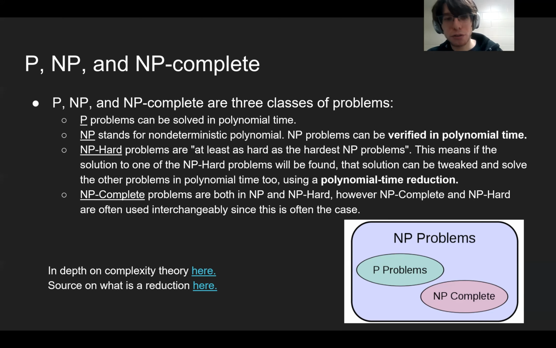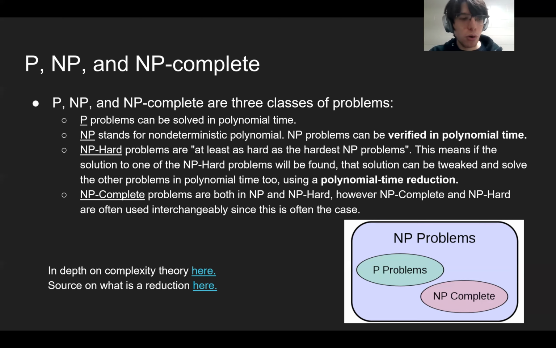NP stands for non-deterministic polynomial time, and NP problems are ones that can be verified in polynomial time. That may sound weird, but it basically means it's the set of all problems where, if I give you a solution, you can write an algorithm to check in polynomial time that it does indeed solve the problem.